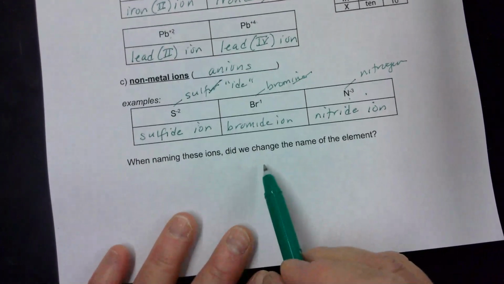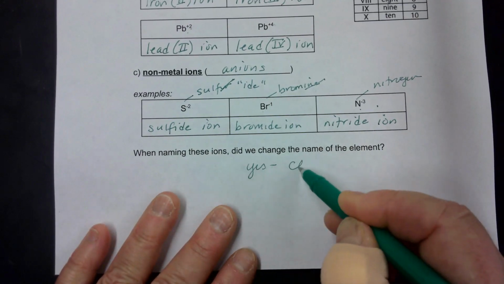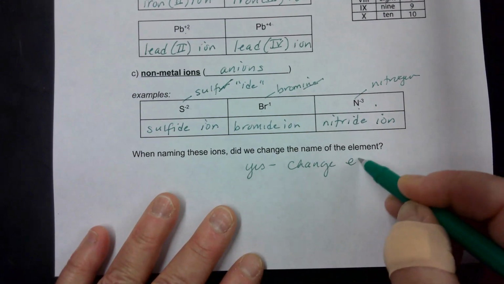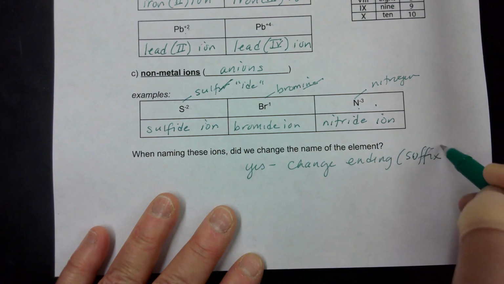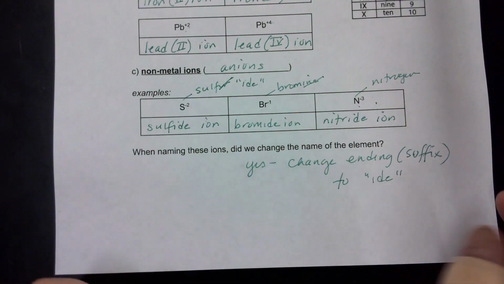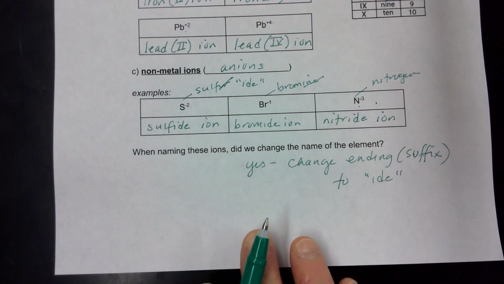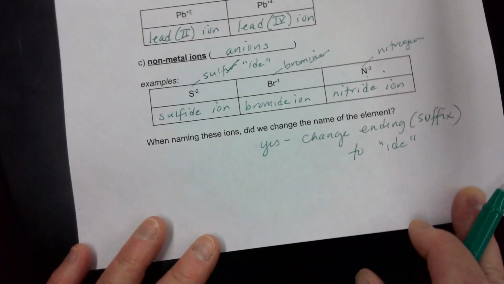So when naming these ions, did we change the name of the element? Yes. We change the ending, which is called the suffix, to "ide." Now there are some strange elements that can do this, or strange names that you might not have ever heard of before.